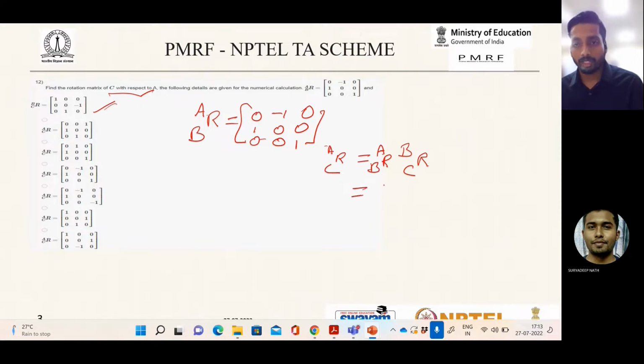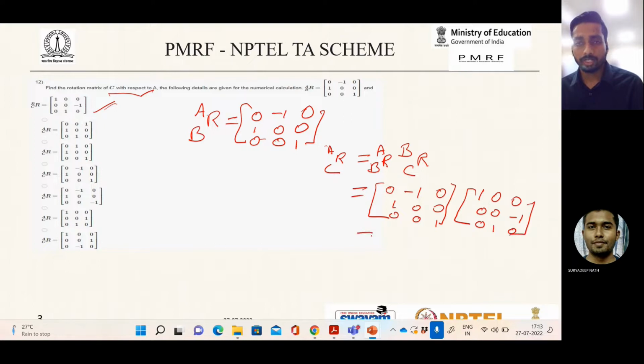We can simply find it by matrix multiplication. That will be 0 minus 1 0, 1 0 0, 0 0 1, and then we multiply this with the second given matrix, 1 0 0, 0 0 minus 1, 0 1 0.